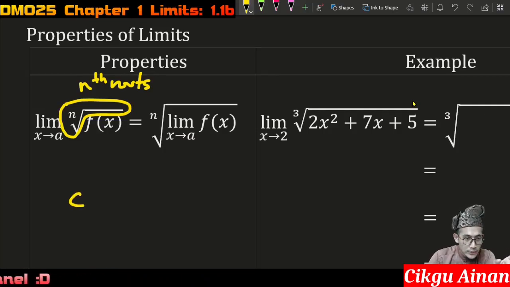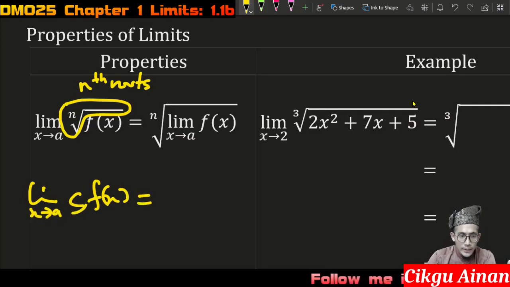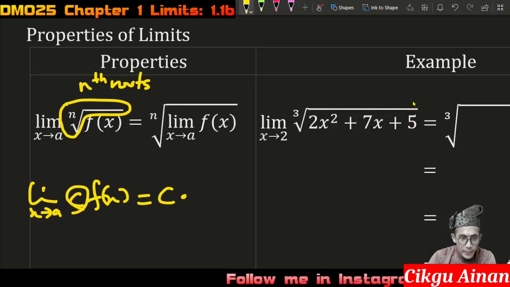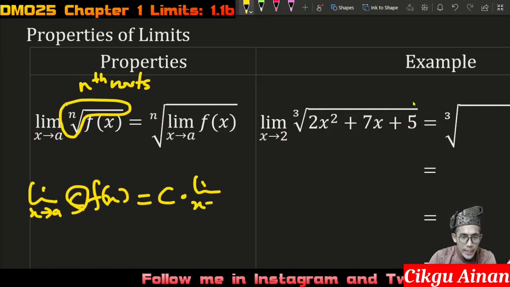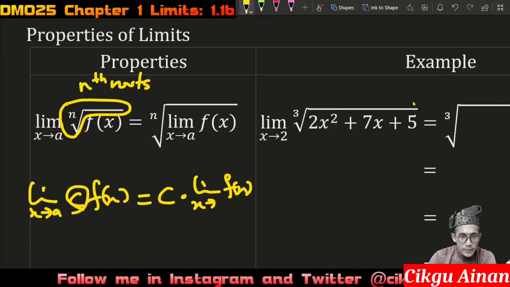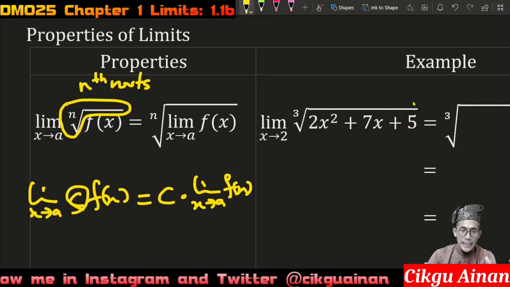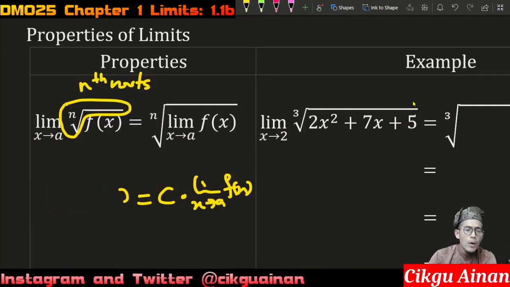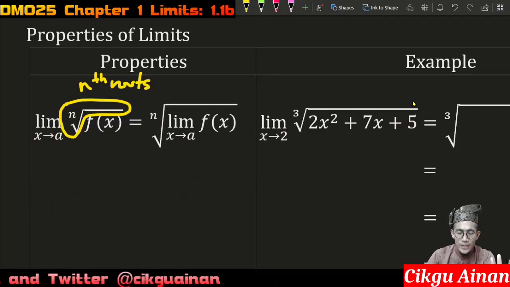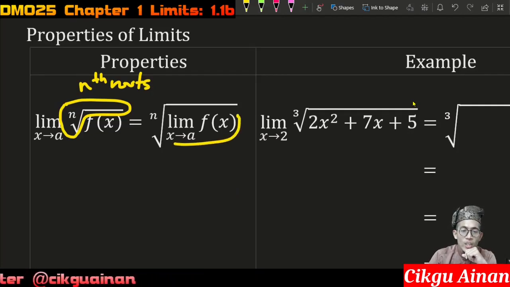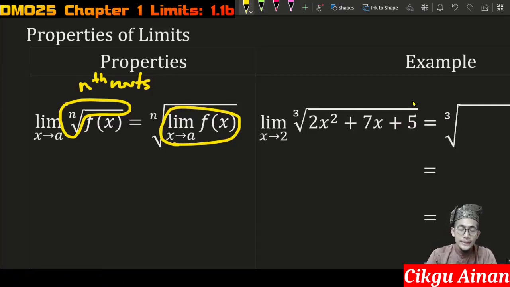If we have a constant multiplied by f(x), and we want to take the limit as x approaches a, the constant can be put outside, multiplied with the limit of f(x) as x approaches a. For this one, it is more or less the same thing. We can take the limit of the function inside the surd first, then we take the root.